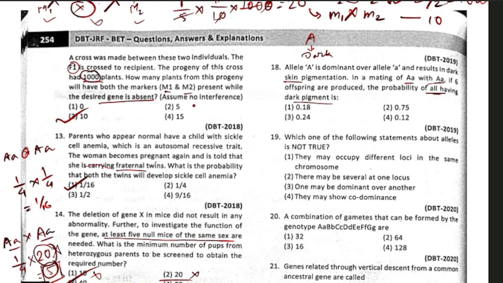If we get all dark pigment, in a cross of capital A small a with capital A small a, the probability of dark phenotype is 3 by 4, and the probability of all 6 being dark is 3 by 4 into 3 by 4 into 3 by 4 into 3 by 4 into 3 by 4, that is 3 by 4 to the power 6.